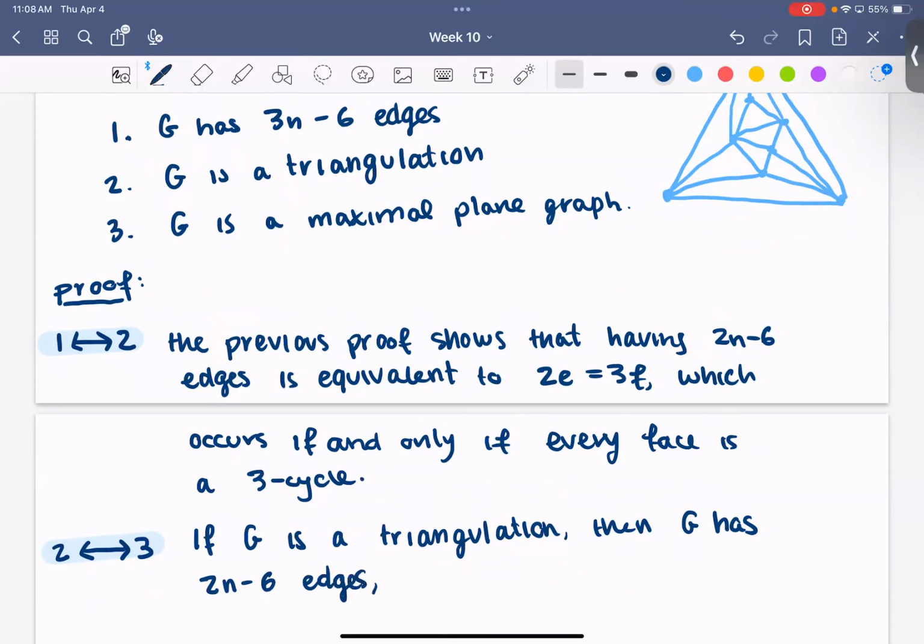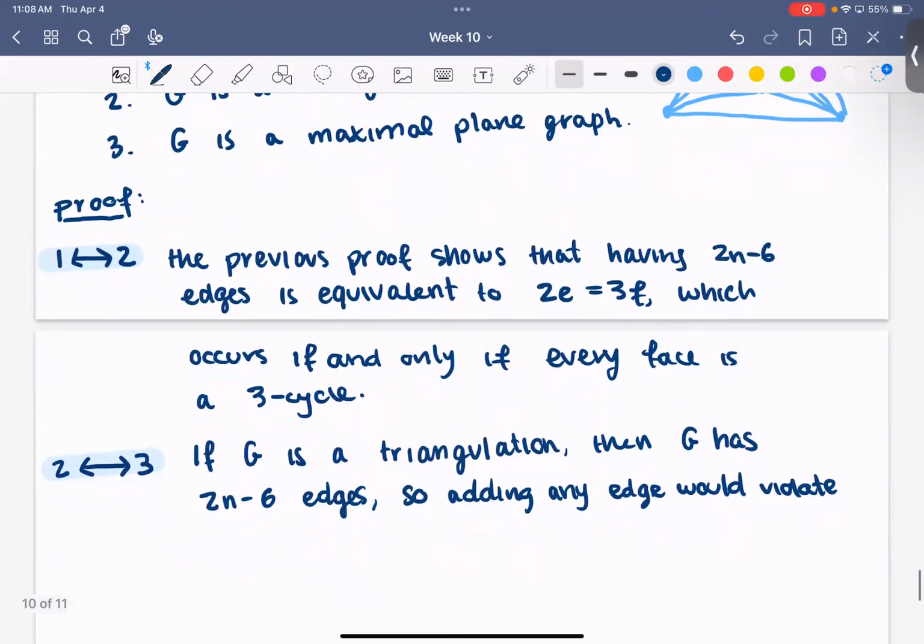So if we add an edge, it violates the inequality, and so that means that it's maximal planar.